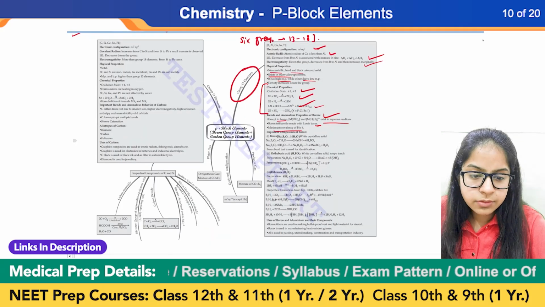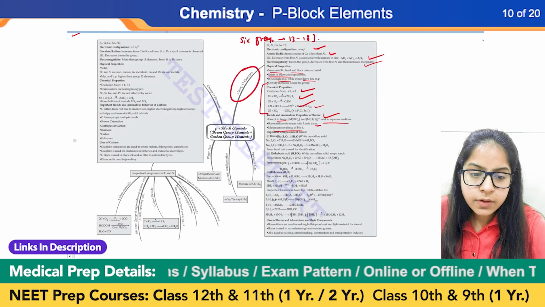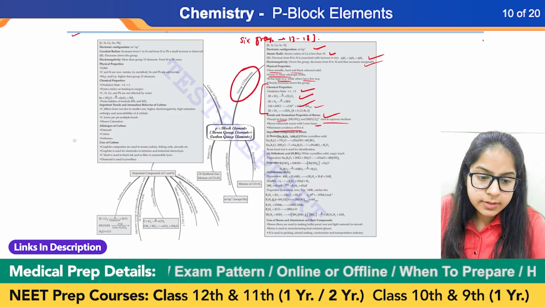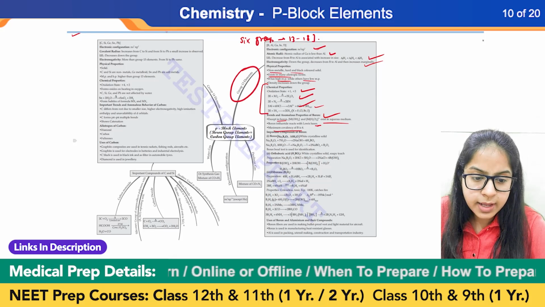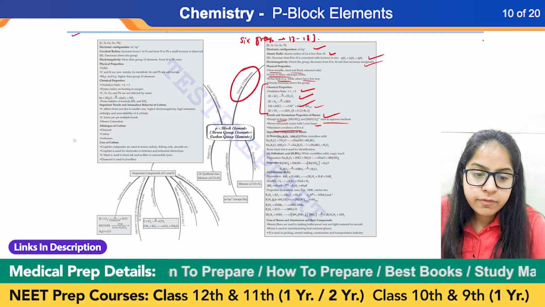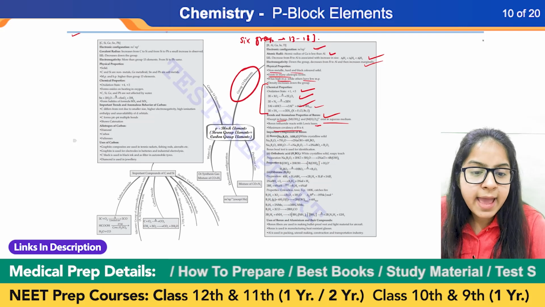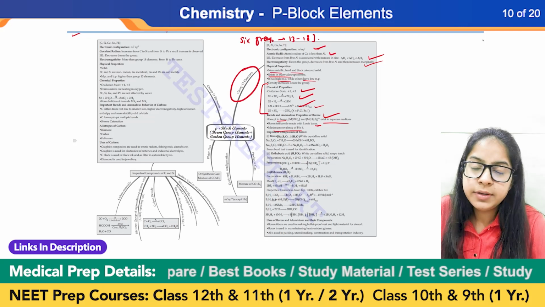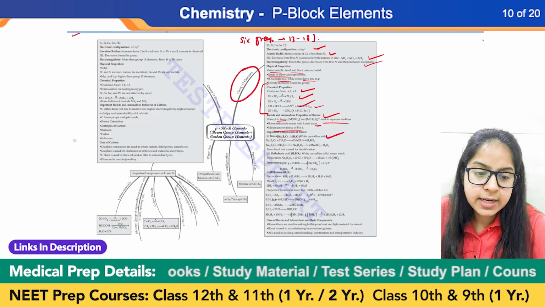Now the next question is the importance of boron compounds. Here are some of the important formulas and compounds related to it. This is borax. The formula of borax that you need to remember: Na2B4O7.10H2O. It's a white crystalline solid.